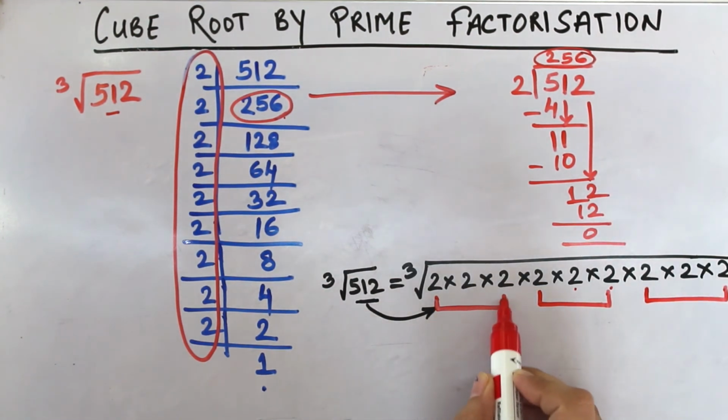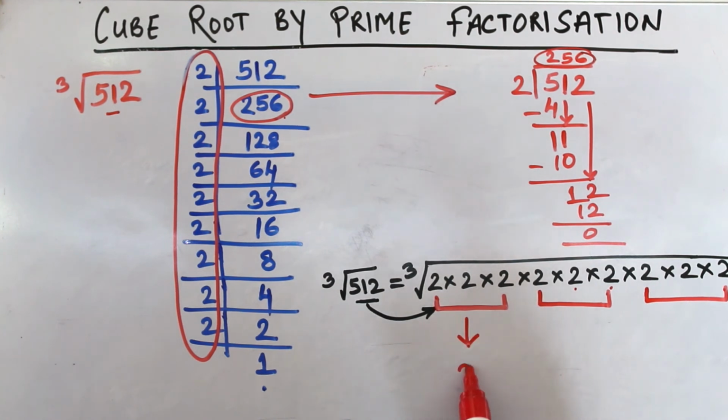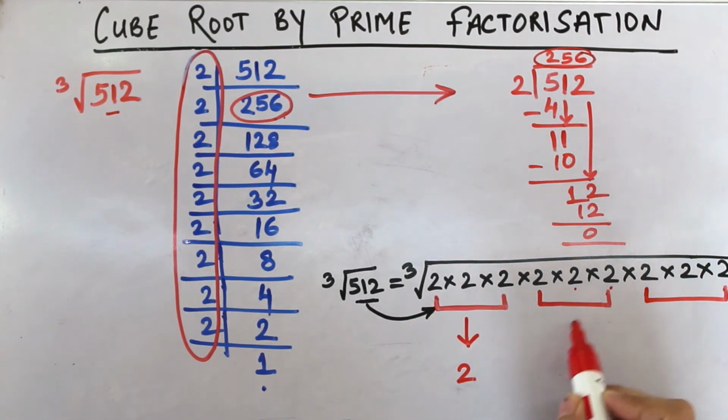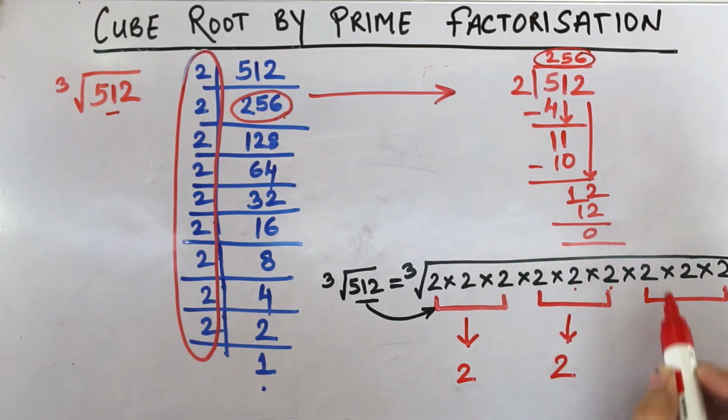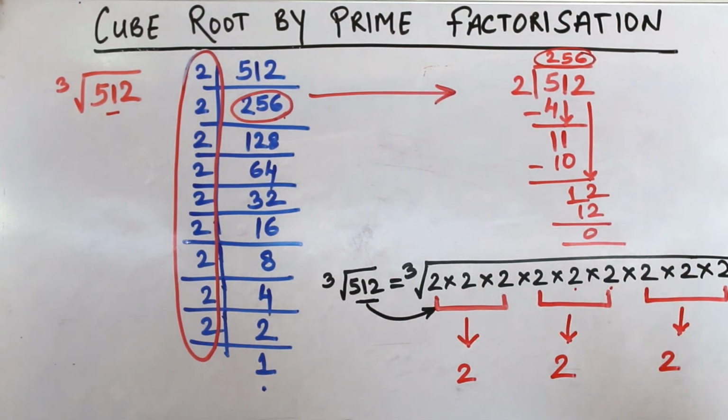Out of these three 2s, I'm going to select just one 2. I'm going to multiply these. So 2 into 2 gives me 4 and 4 multiplied by 2 gives me 8. So the cube root of 512 is 8.